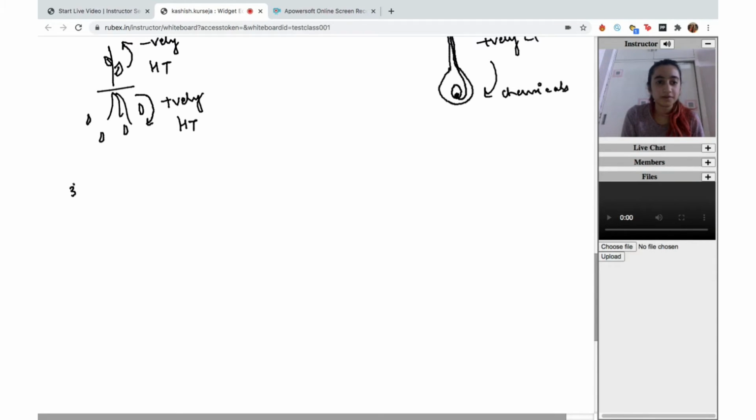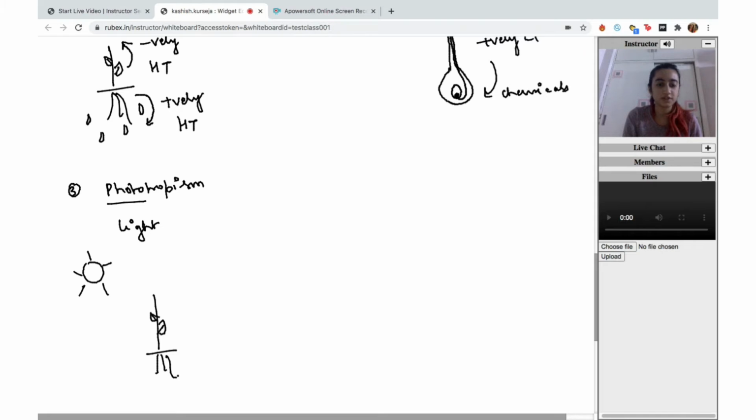Next, we have phototropism. Photo stands for light. Simple light की तरफ movement देखनी. Here is the sun. Here's your plant, shoot system, root system.